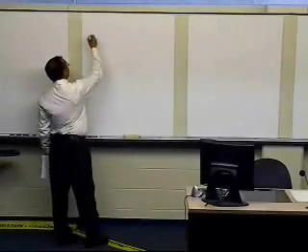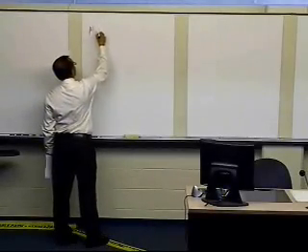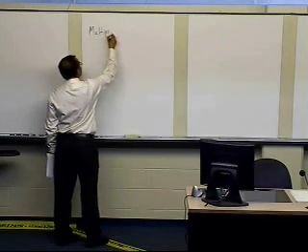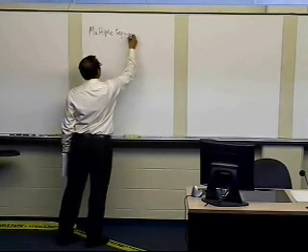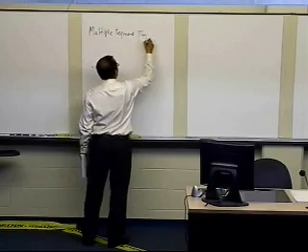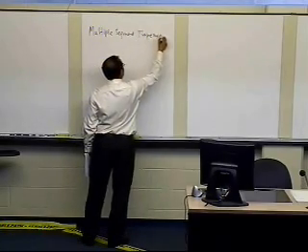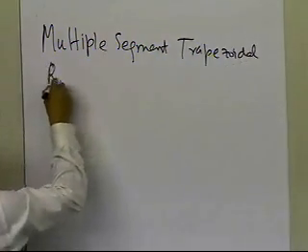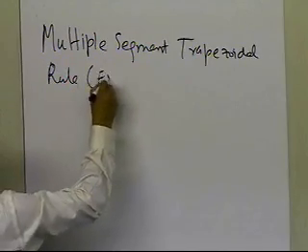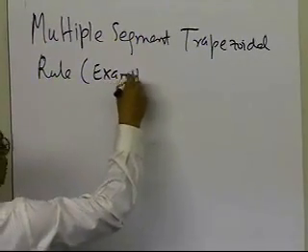In this segment, we're going to take an example for the multiple segment trapezoidal rule. We'll use the formula for the multiple segment trapezoidal rule to show how it is applied to an example.